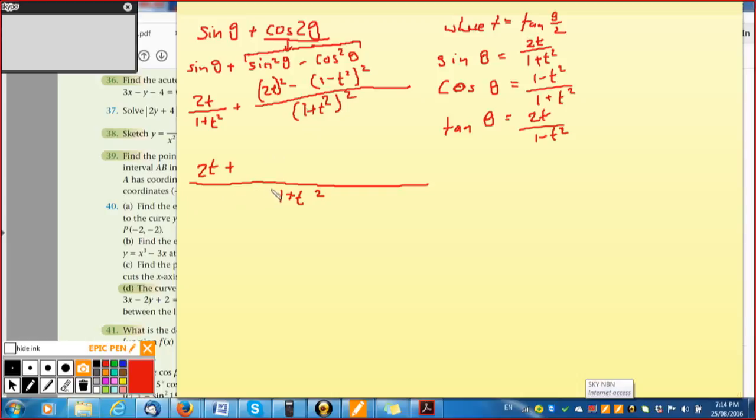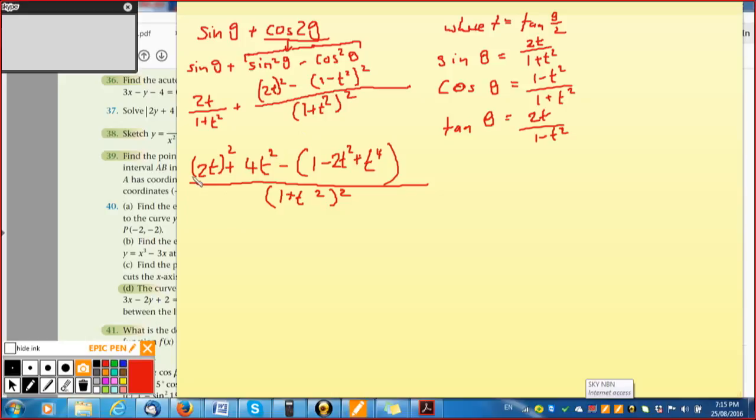So that becomes 4t squared minus, and then this becomes 1 minus 2t squared plus t to the power of 4, just to work this out.